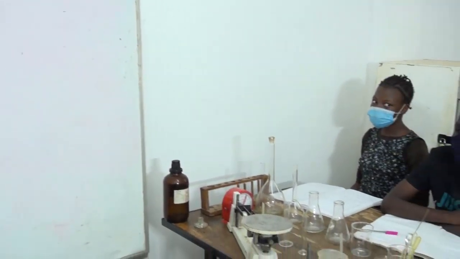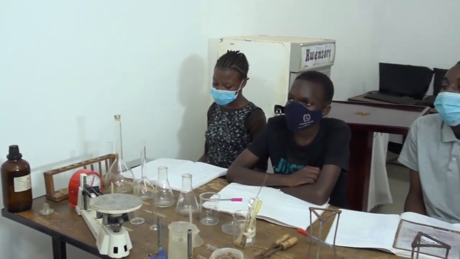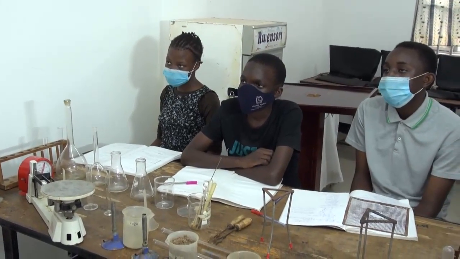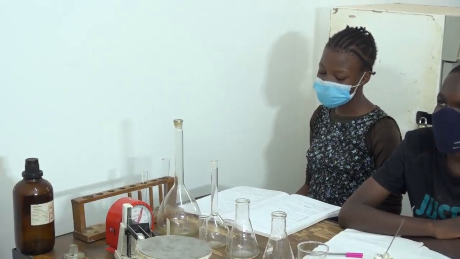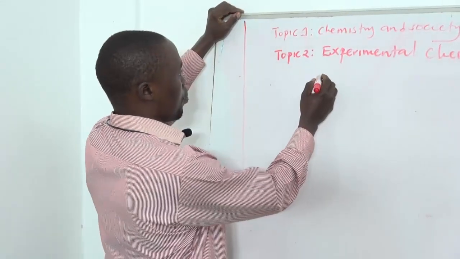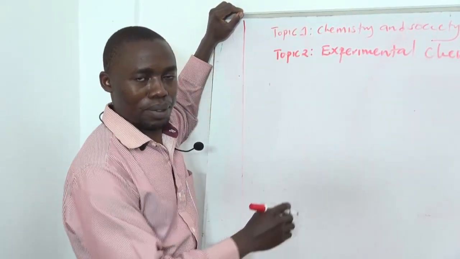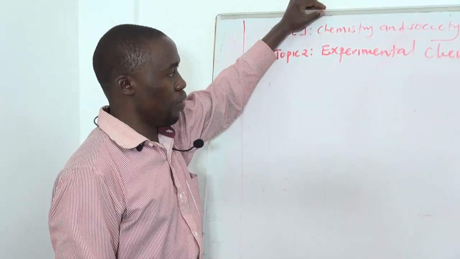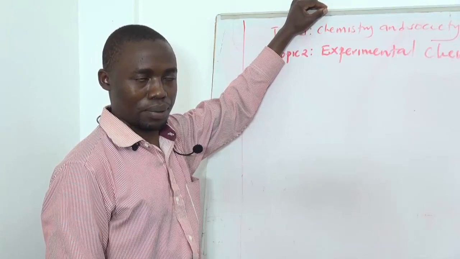Chemistry is the study of matter and how it behaves under different conditions. Patience, you are doing a great job. Chemistry is the study of matter and how it changes under different conditions. Thank you very much.